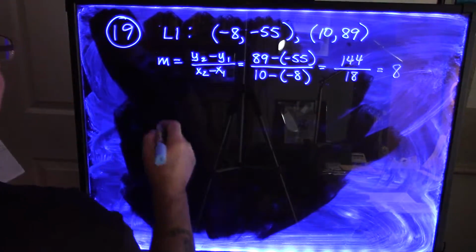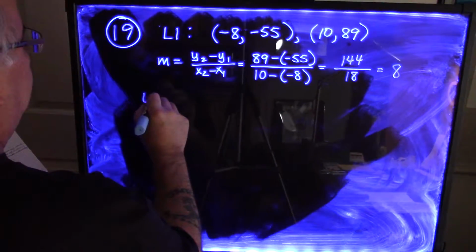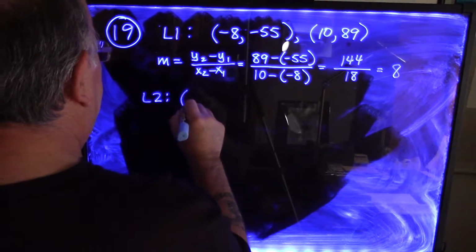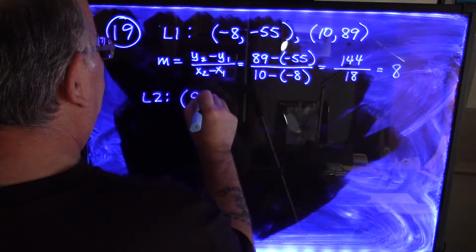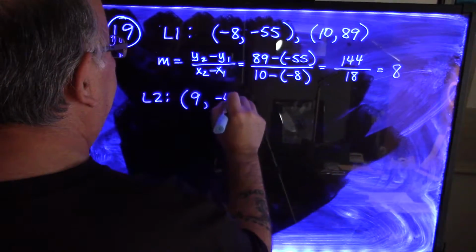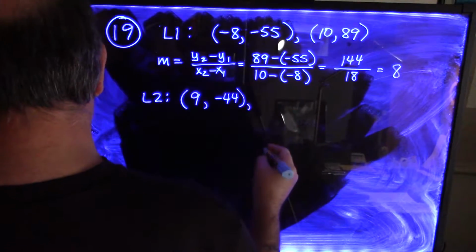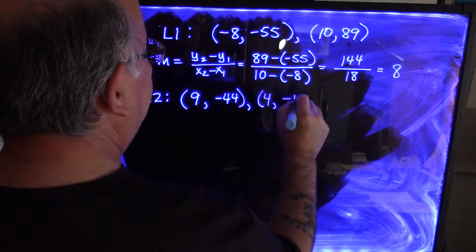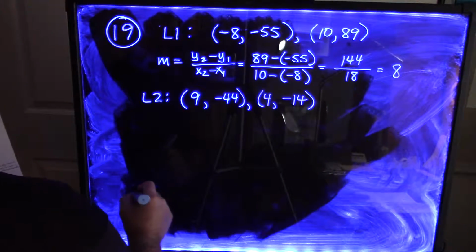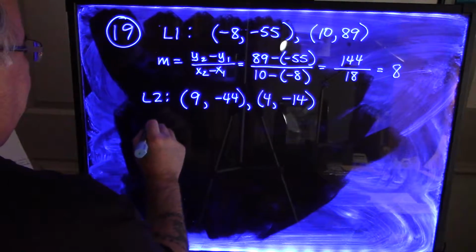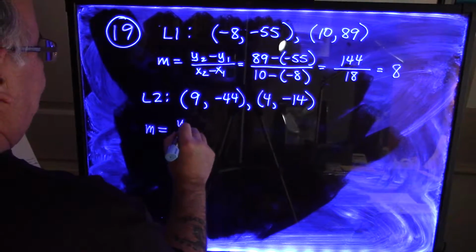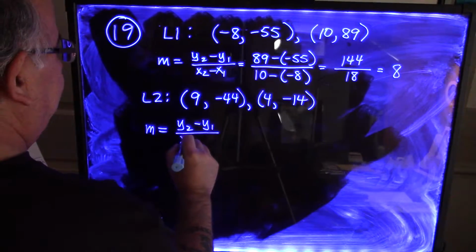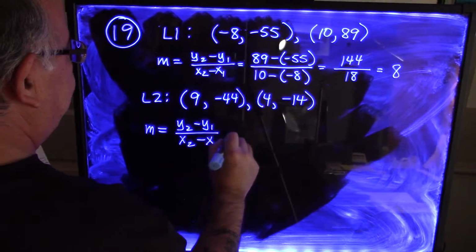Okay, so for line 2, call it L2. It passes through the points 9, -44, and also 4, -14. Okay, so again, slope M is y2 minus y1 over x2 minus x1.